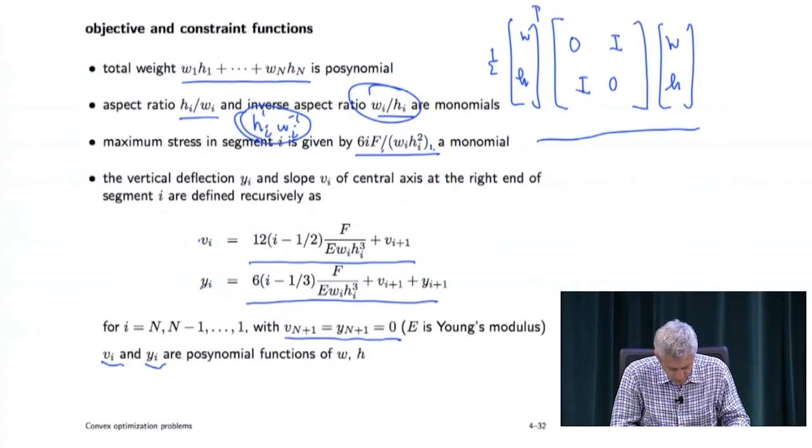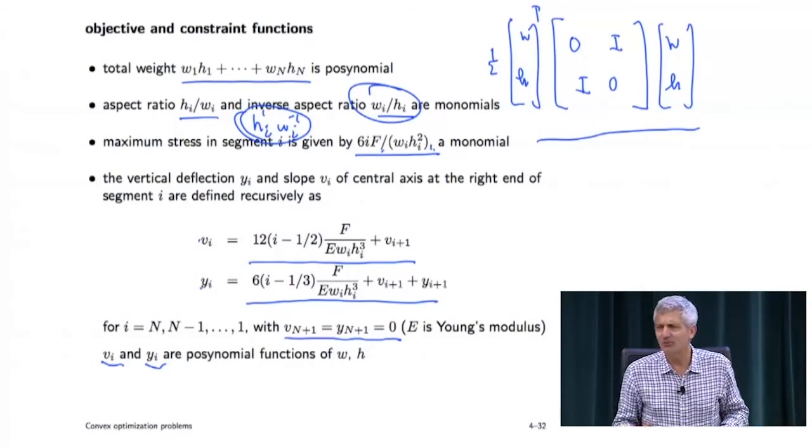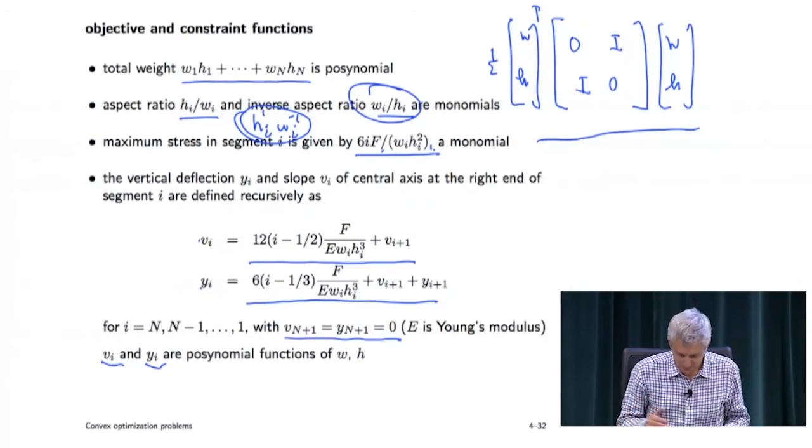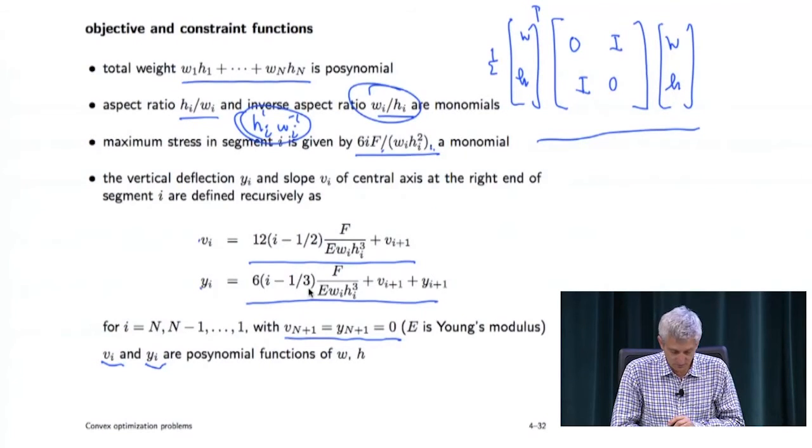Okay. Now let's look at these equations. These things start as 0. I mean, in some sense, that's a null monomial. It's not really, because for a monomial, the coefficient is supposed to be positive. But in any case, let's look at the first one, which is Vn and Yn. These just go away because they're all 0. And we look at that, and that's a monomial.